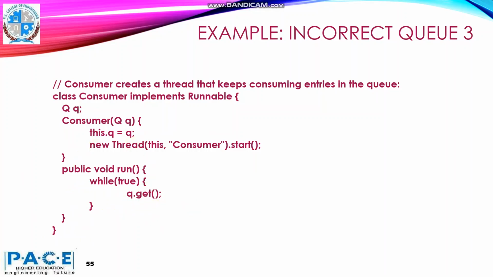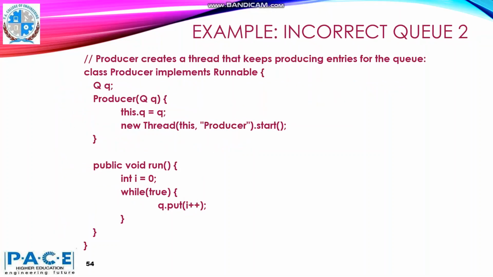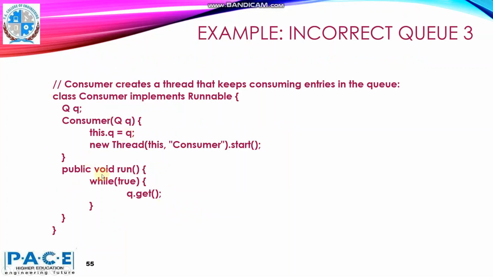As we saw in the previous slide, the producer is continuously calling the put method, putting a new value every time in the variable n of the queue, and the consumer is continuously getting those values.